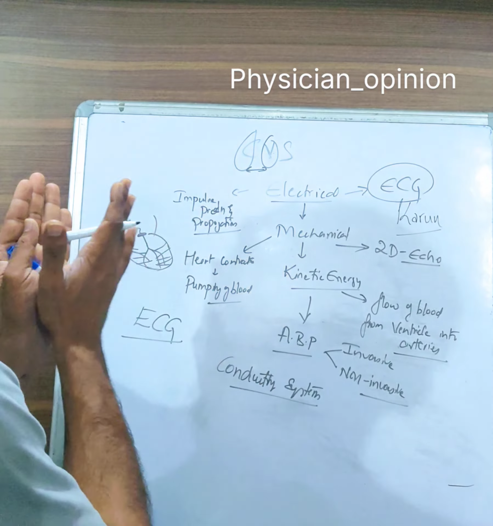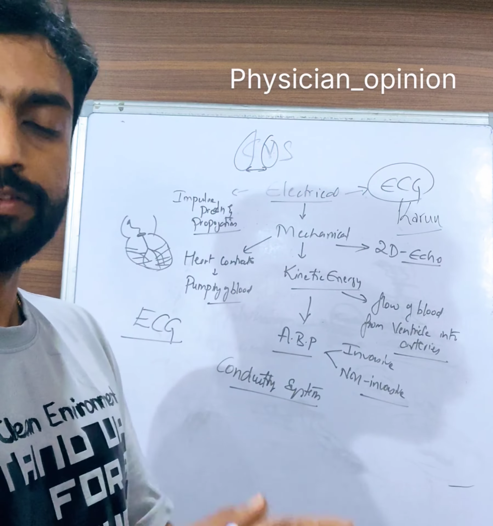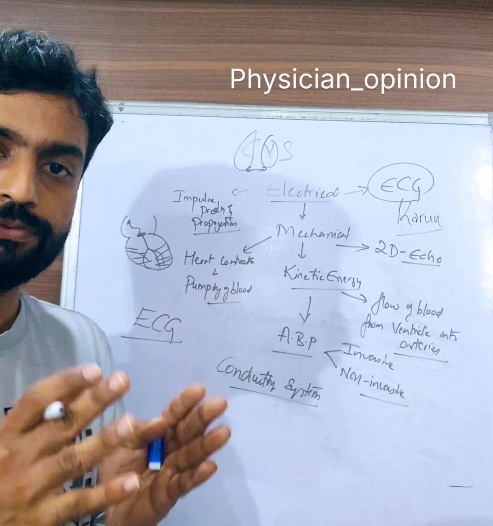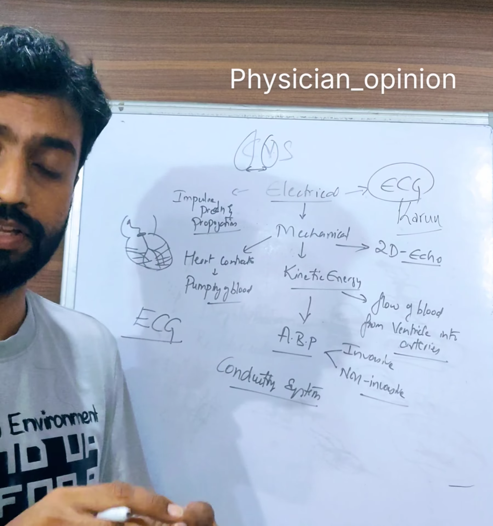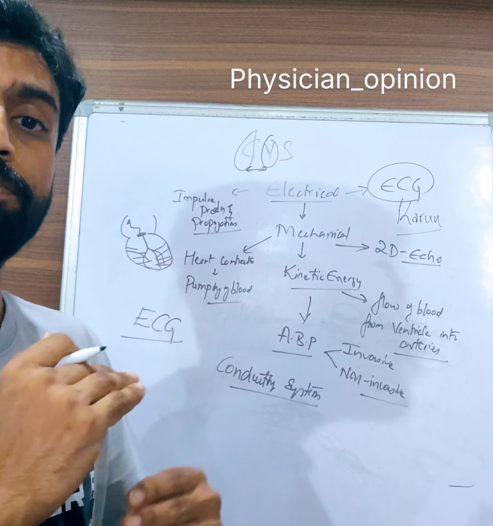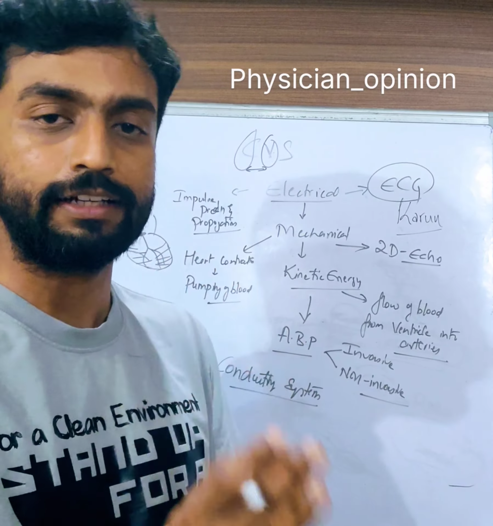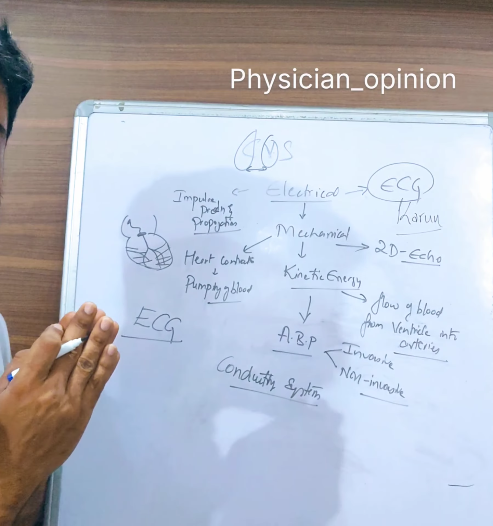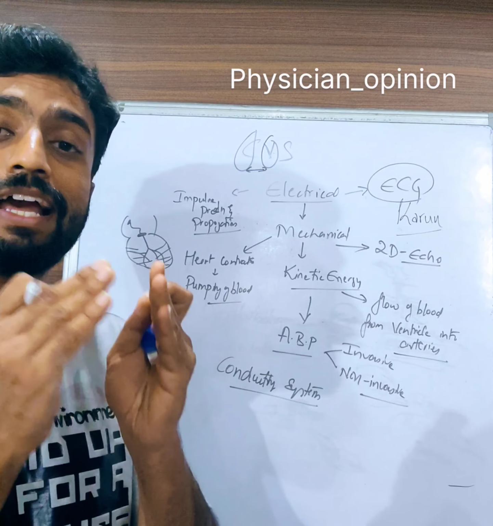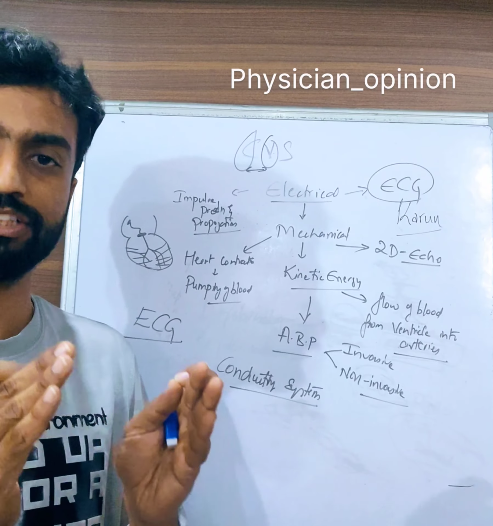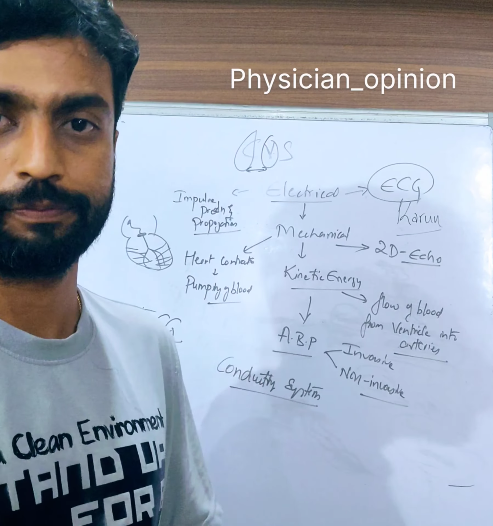The electrical activity of the heart, if recorded by placing certain cameras around the heart in different planes and axes, is called ECG. It is majorly looking into the electrical activity which is happening in the heart.